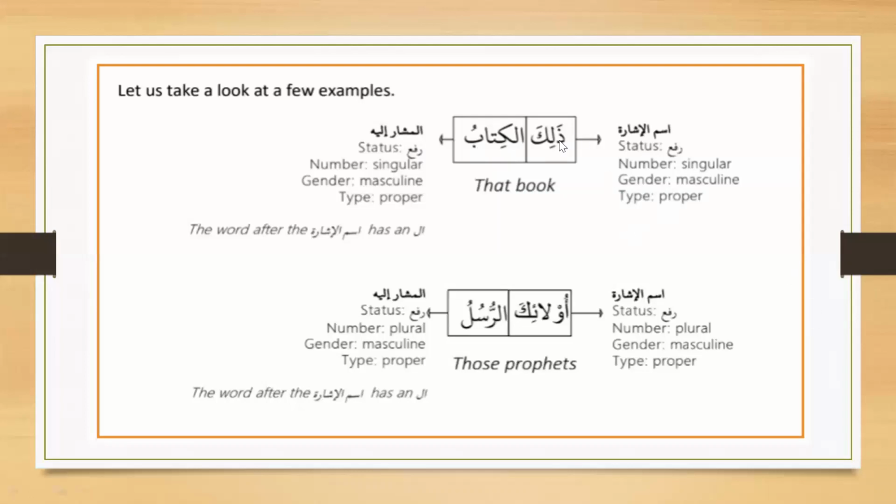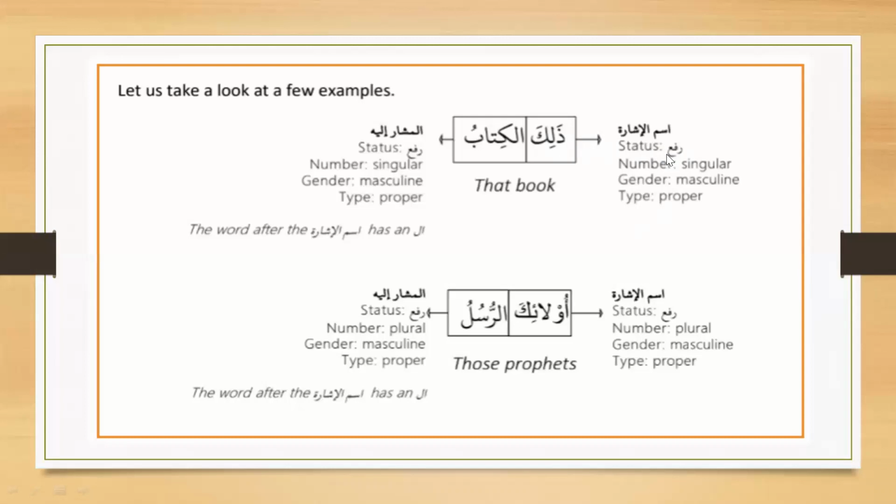But we also know that if an ism is separate in its original form, it is always rafa. There is no harf jar before it, nothing affecting its status, like harf of nasb or harf of jar. So on its own, it's rafa.